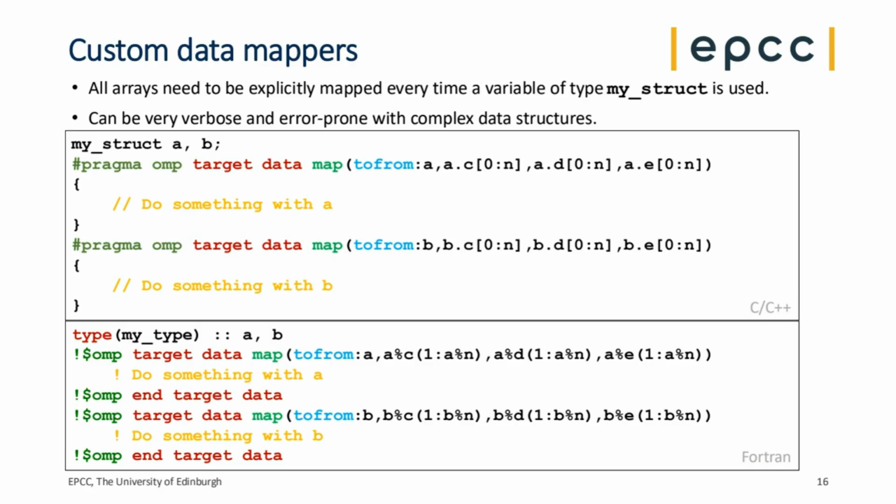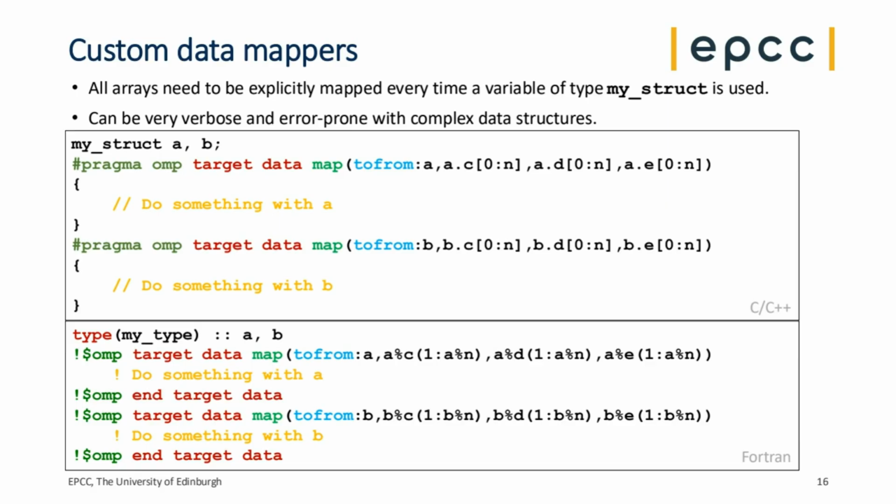So you'd have to have something like this. For the C example, you get into your target region, you do a map, and you map the actual instance of your my_struct, A there, so to get the size, the N field, but then you'd have to do the actual arrays explicitly. So that's the C, D and E arrays.